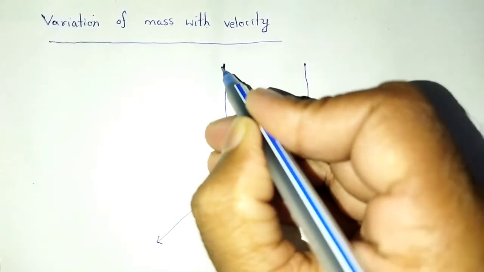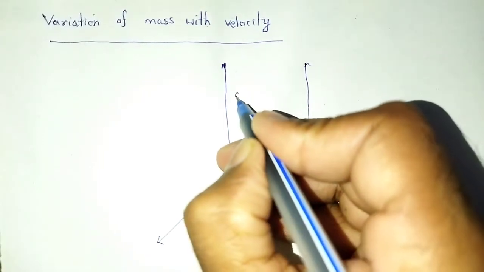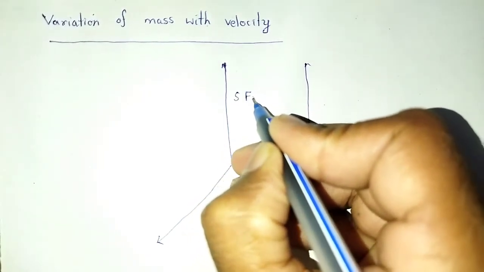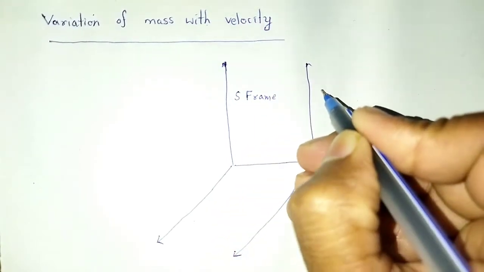As we discussed previously, S frame is at rest and S dash frame moves with a uniform velocity v with respect to S frame.